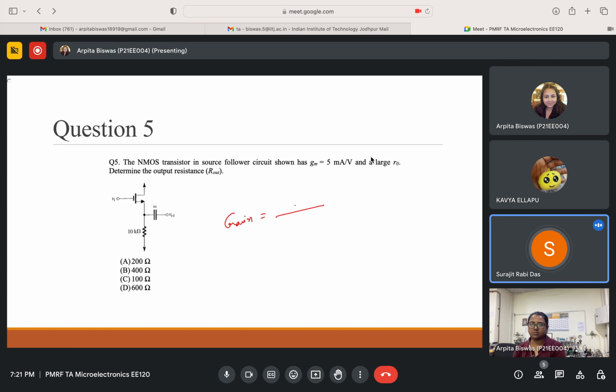Gain is unity. Means voltage gain is almost one. And what is the formula? R0 by R0 parallel with 1 by gm. And here r0 is very much greater than 1 by gm. So we can write gain almost 1.